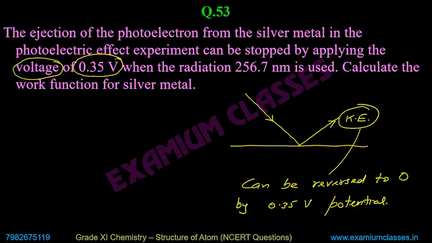It means the energy which is associated with this voltage is equal to its kinetic energy, because that makes the kinetic energy zero if applied in reverse direction. That is what it says.